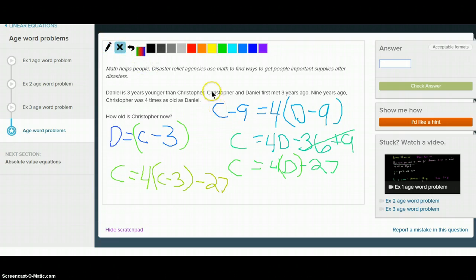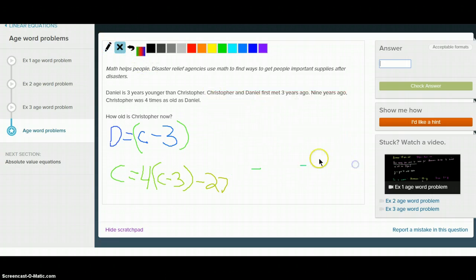Alright, so let's get rid of some of this over here. Alright, so let's rewrite this. This is going to be C equals 4 times C is 4C, and 4 times negative 3 is negative 12, and then we're going to minus 27 from that.